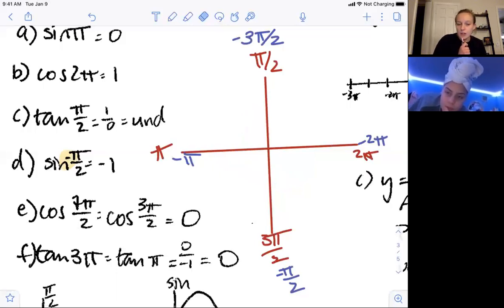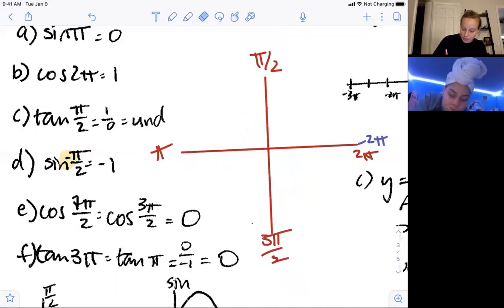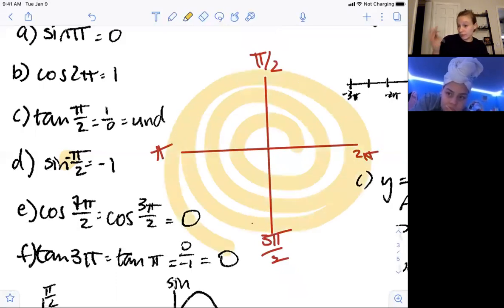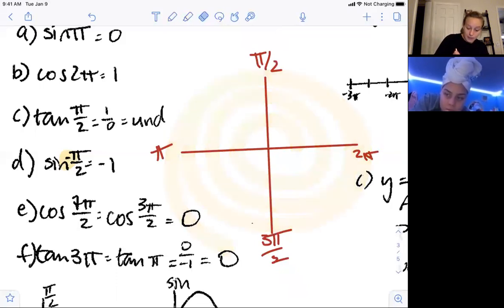The other two are more positive. They're bigger than we're used to. We only label the unit circle one time, just our normal one time around, call it a day. But we could keep spinning around and around forever if we wanted to. Each increment is still the same. Every time I go 90 degrees, it's still a pi over 2. If I'm going 7 pi over 2, it means I need to go 7 pi over 2 rounds around the circle.